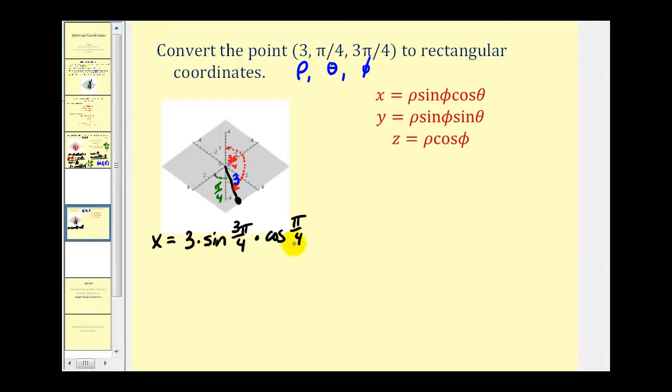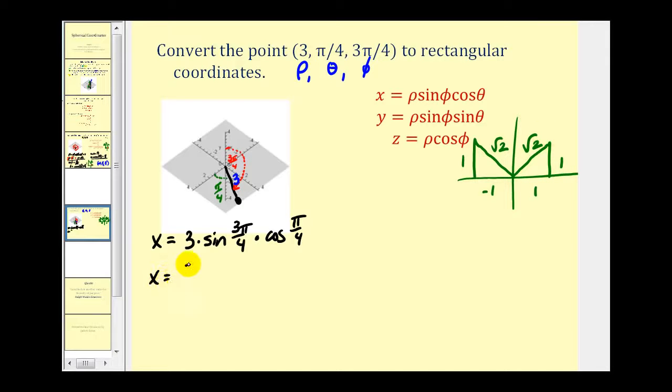Let's go ahead and sketch these angles in standard position. 3 pi over 4 is going to be a 45-degree reference angle in the second quadrant. Here's our reference triangle for 3 pi over 4, and then pi over 4 is going to be the same reference triangle, but in the first quadrant.